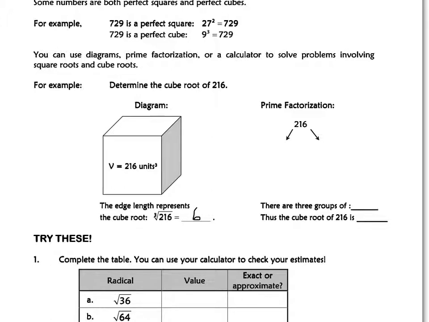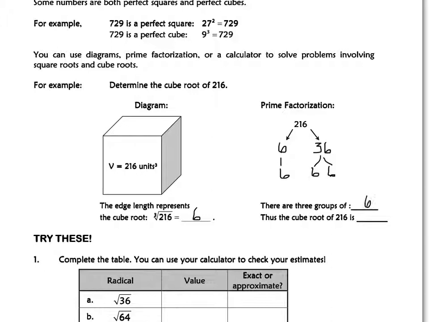But if you don't have a calculator, you can also use prime factorization. For example, 216 is going to be divisible by 6. That would be 6 times 36. You can skip a step in prime factorization because you've got 6 times 6 times 6 here, so you don't really need to go down to prime factors.